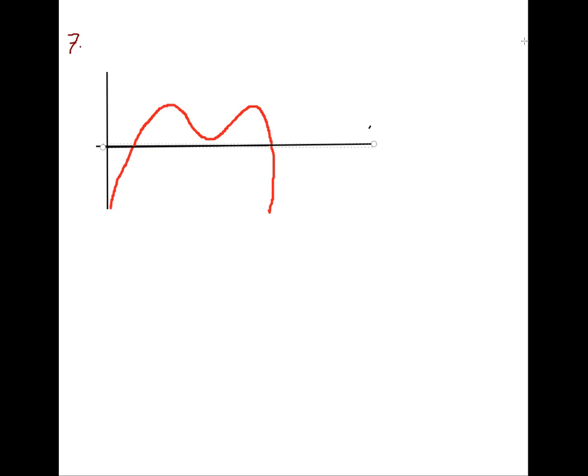So this is 1, 2, 3, 4. This is kind of clumsily drawn. I'm sorry. That is 7, 8, and it continues. Basically what they're asking is, if this is the graph f of x, where are my inflection points?